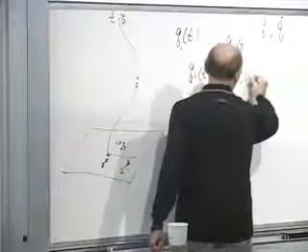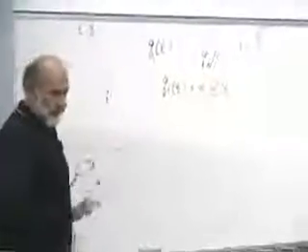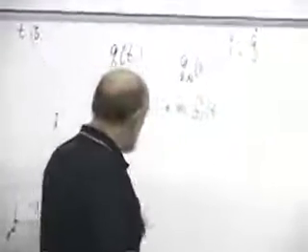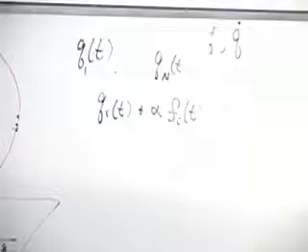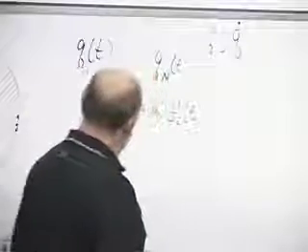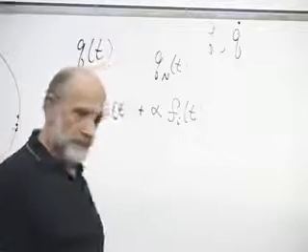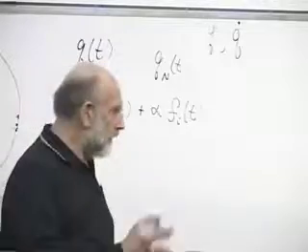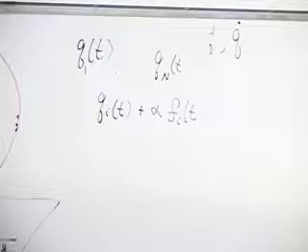Let's invent an arbitrary set of functions, doesn't matter what they are. Let's invent an arbitrary set of functions, f sub i of t, again, n of them, and let's add them to q sub i of t with a coefficient alpha. We're going to change alpha, but this f sub i of t could be anything. What happens to the trajectory?